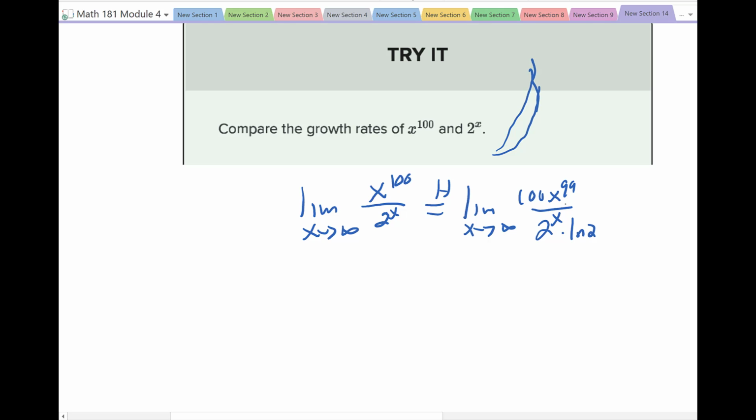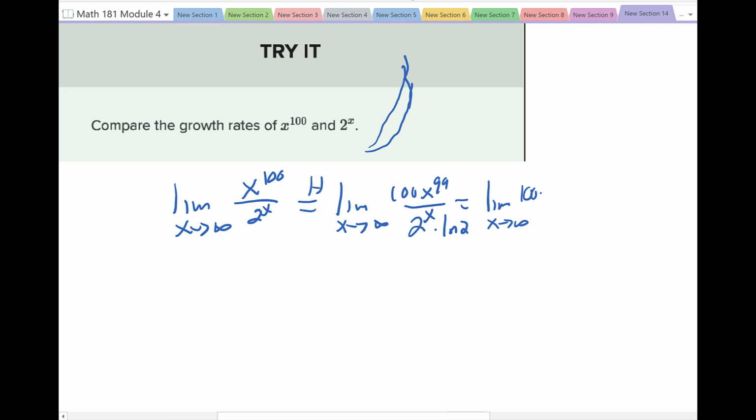We normally just do e to the x, whose derivative is e to the x, because natural log of e is just 1. So then we have the limit as x goes to infinity of 100 times 99 times x to the 98 over 2 to the x times natural log of 2 times natural log of 2.